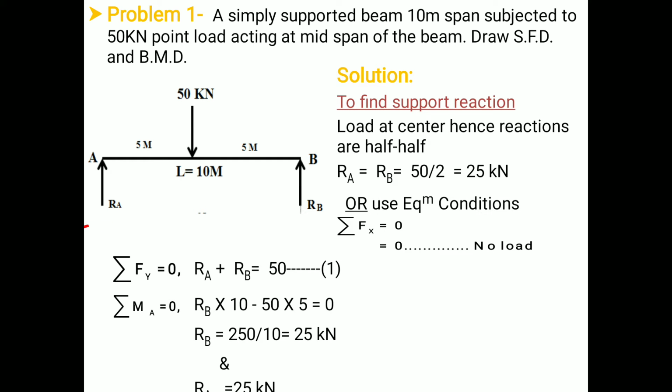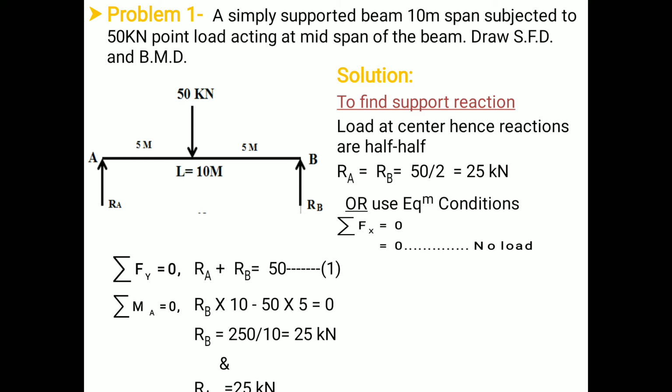Therefore RA will be equal to 25 kilonewton and RB will be equal to 25 kilonewton. By visual inspection, you can easily say that RA and RB are 25 kilonewton because it is symmetrical. But by using equilibrium conditions also, you can find out the reactions.